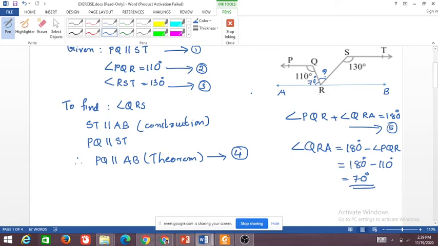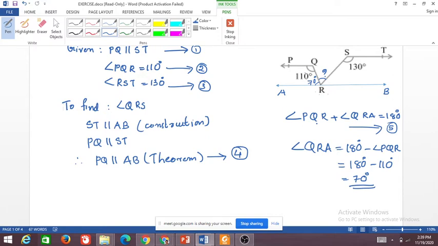So read the theorem once again and then try, you will get it. Your method and your answers are correct. The only thing is you need to write it in a formal way. You need to state the theorem or identify the angles, then look at the theorem like that. Okay, it's very simple. Yes, ma'am.